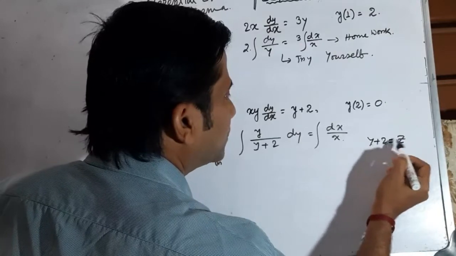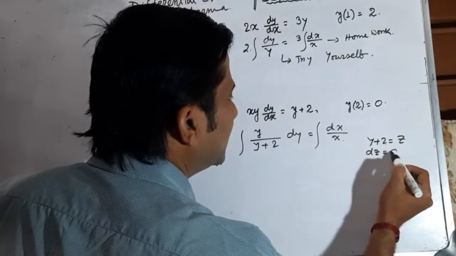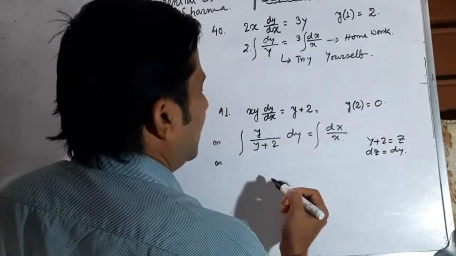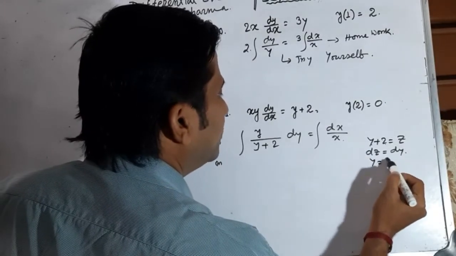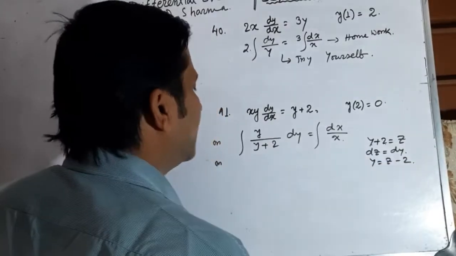Let y + 2 = z, then dz = dy and y = z minus 2.